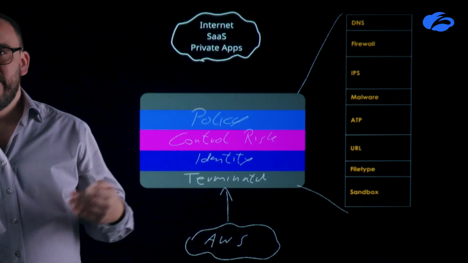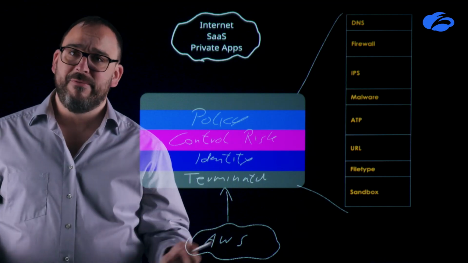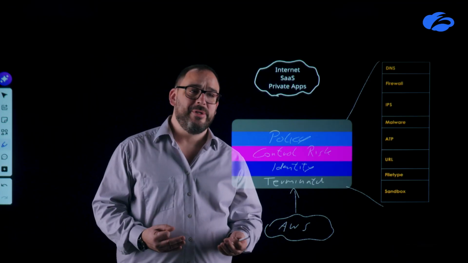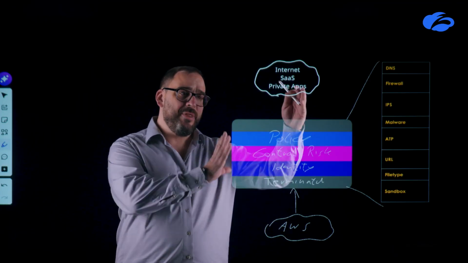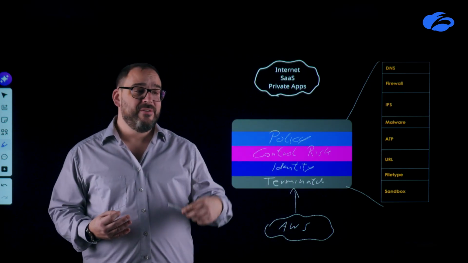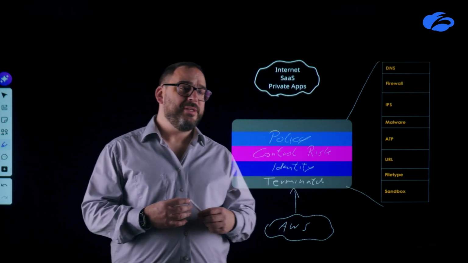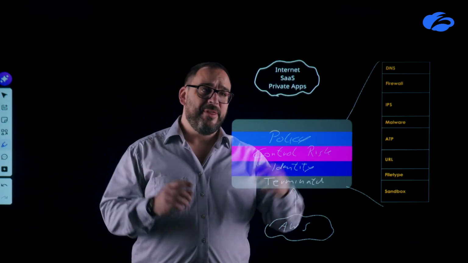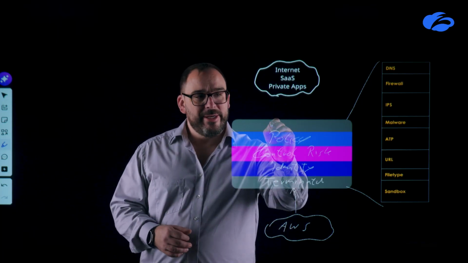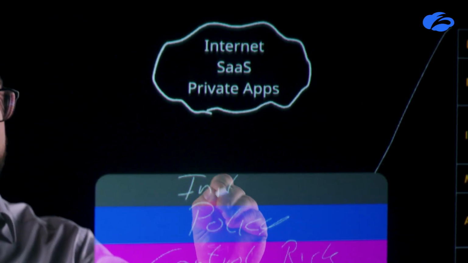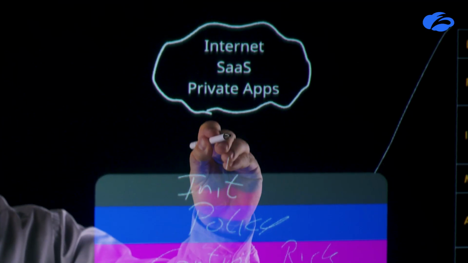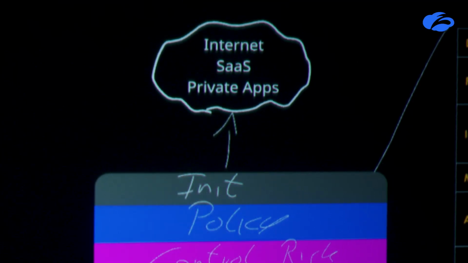Most importantly, firewall policies, URL policies, intrusion prevention policies, all that can be set within the stack. And in combination with the risk and the identity that is applied to this workload, if everything is right, we again initiate the connection from the Zero Trust Exchange out to the internet, to your private applications or SaaS services you are consuming from within your servers.